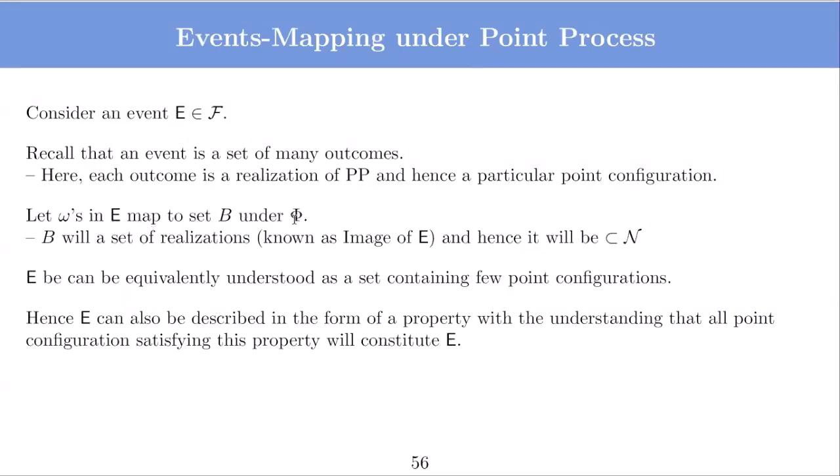If I take an event and all its outcomes, each outcome maps to one configuration. So the set E completely maps to a set B, which is again a set of realizations, known as the image of E. And because it is a set of realizations, it is nothing but a subset of the complete configuration space.